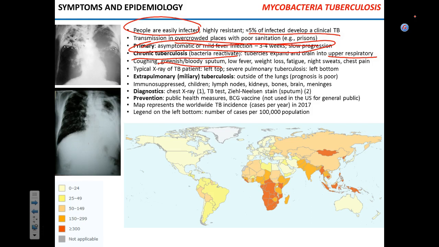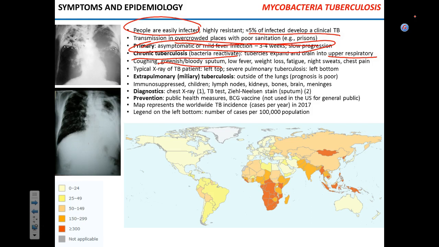Night sweats, fever, weight loss. When you go to the physician and you answer that questionnaire, they have questions: do you experience night sweats? Do you experience fatigue? Do you experience weight loss? Do you experience chronic cough? They specifically look for Mycobacterium tuberculosis.